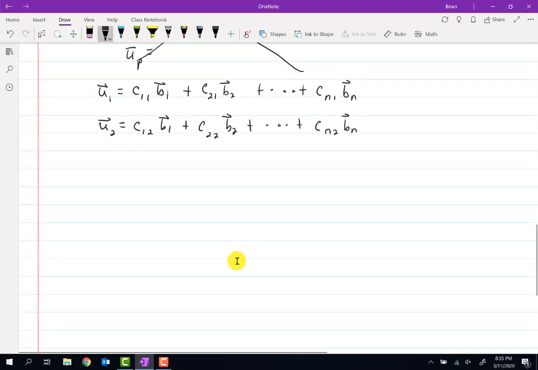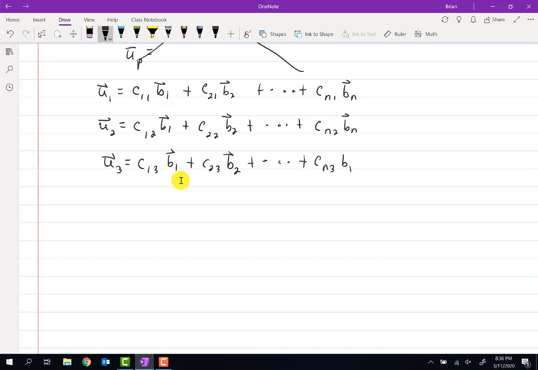And so I'll just do one more so you get the feel for it. U3, then this one will be C13 B1 plus C23 B2 plus dot dot dot plus Cn3 Bn. And now you can see it's working.